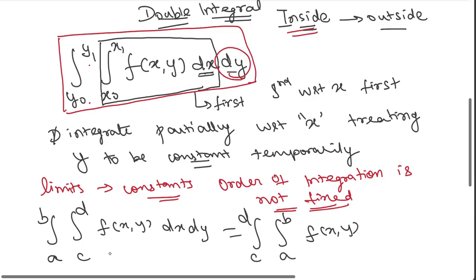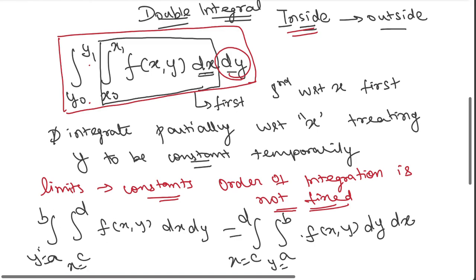Now we know that this is going to be the limit of x and this is going to be the limit of y. So now when we swap, this x has come outside, so we will perform dy first. So y between a to b will be evaluated first and then followed by dx between the limits c to d.